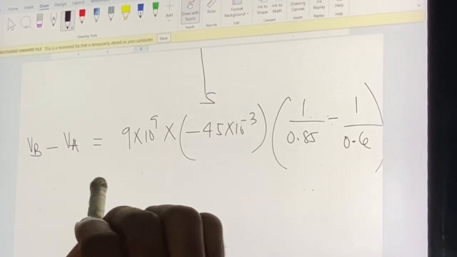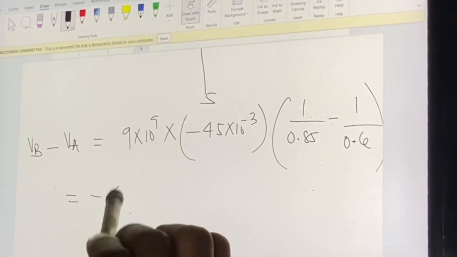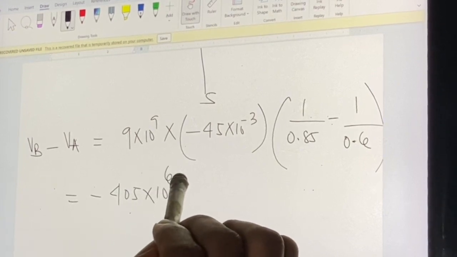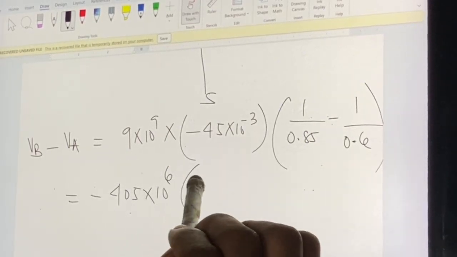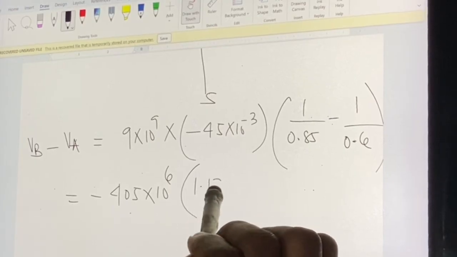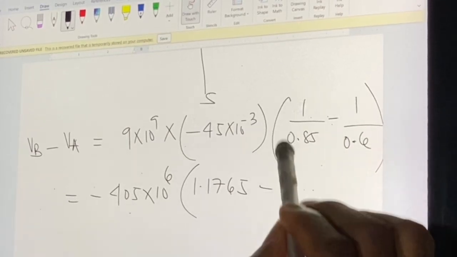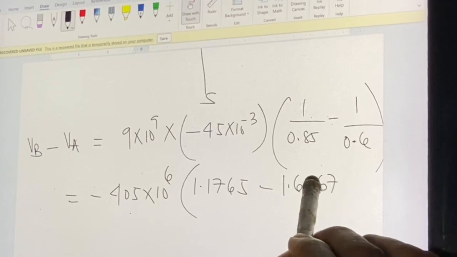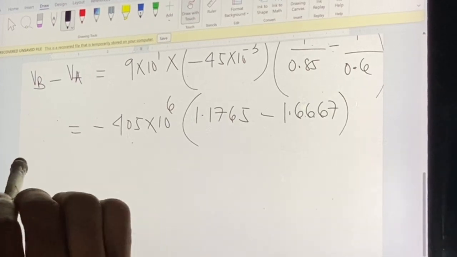Please don't forget, when you punch your calculator, I will have minus 405 times 10 raised to the power of 6 into, 1 divided by 0.85 will give us 1.1765 minus 1 divided by 0.6 will give us 1.6667.